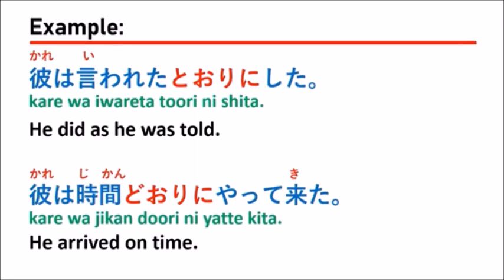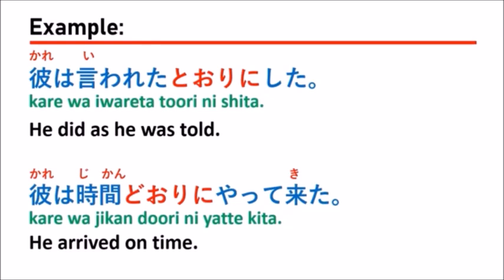Here, our noun is 時間, which means time. When you use it with a noun and you don't put no between the noun and the tori, you should change the sound, right? So when you use tori here, you can say 時間通りにやってきた, right?